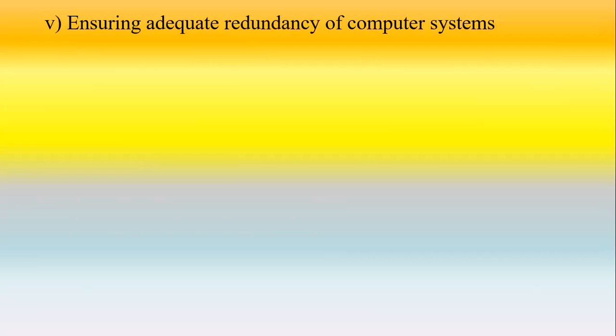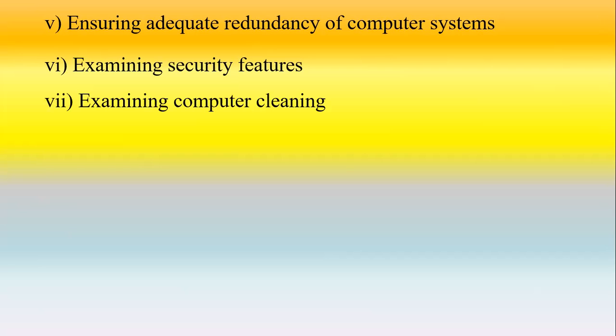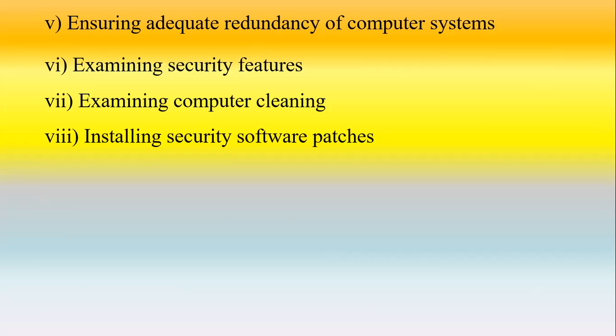Number five is ensuring adequate redundancy of computer systems. Number six is examining security measures. Number seven is examining computer cleaning. Number eight is installing security software patches.